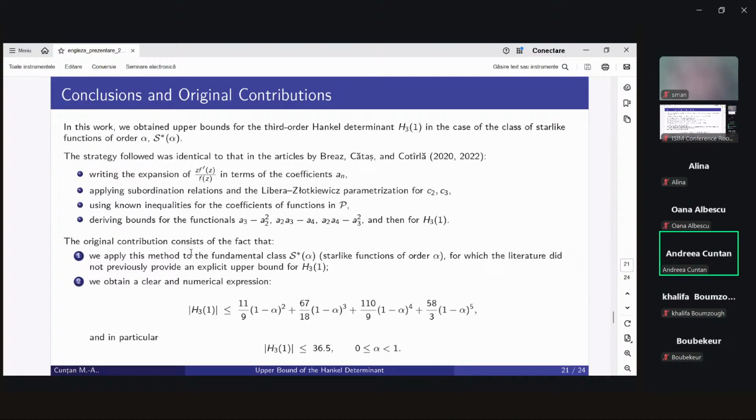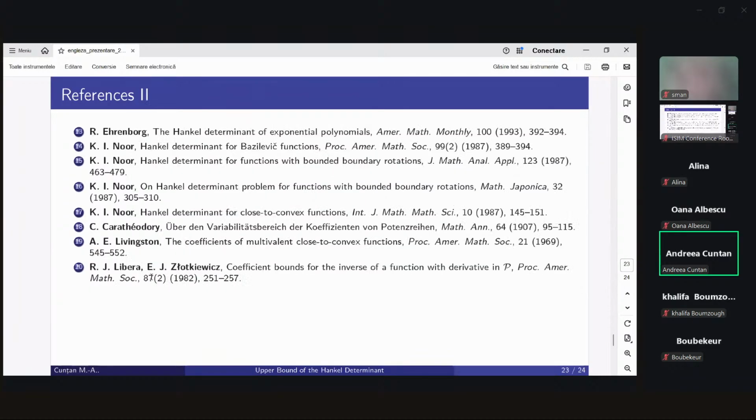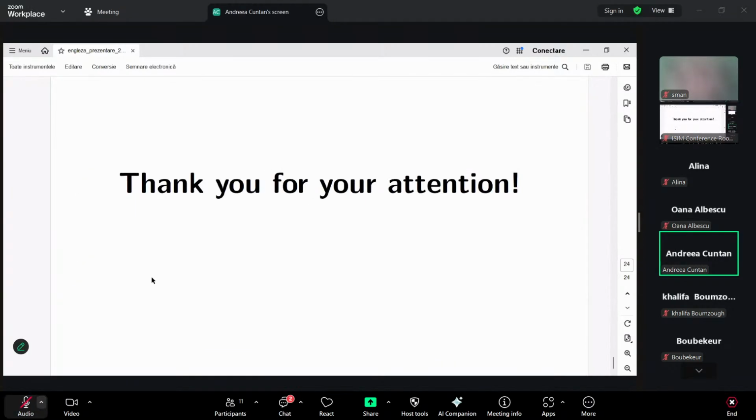We obtain a clear and numerical expression in the next equation and in a particular relation. The bibliography used is the following. Thank you for your attention.